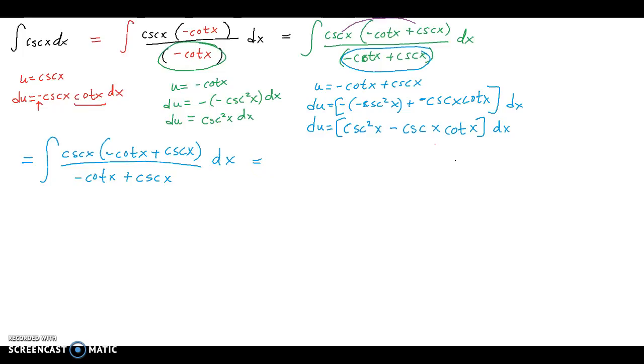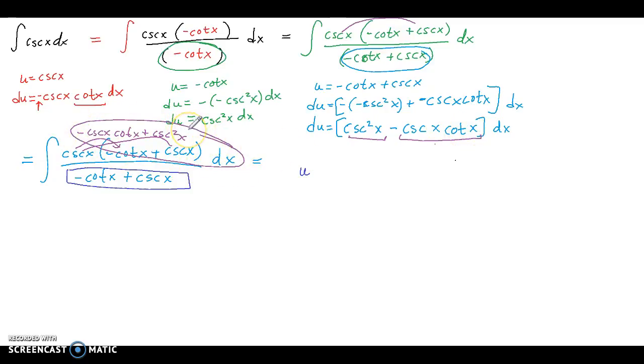Right now we have that this bottom piece is our u, and if I look at the top and factor it out, I'd get a negative cosecant x cotangent x and a positive cosecant squared x, which looks exactly the same as this. I have a positive cosecant squared and a negative cosecant x cotangent x. So this whole expression again is our du.